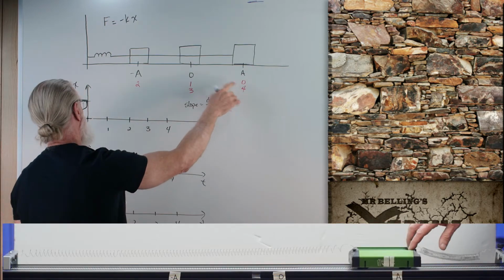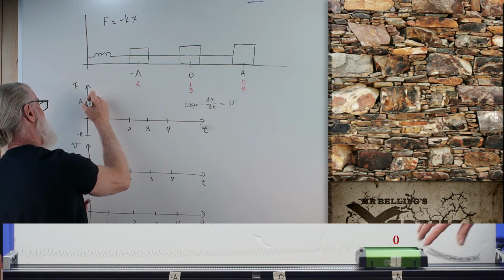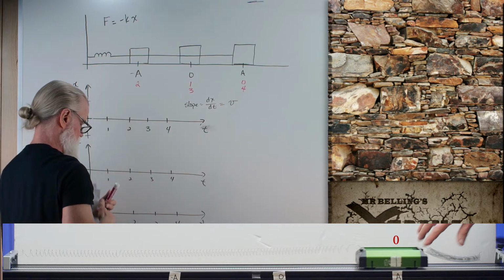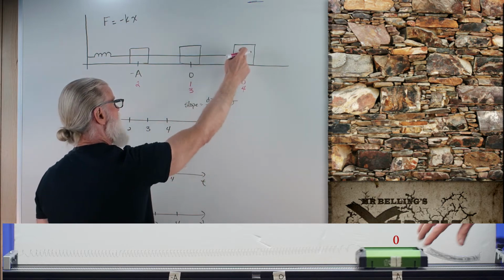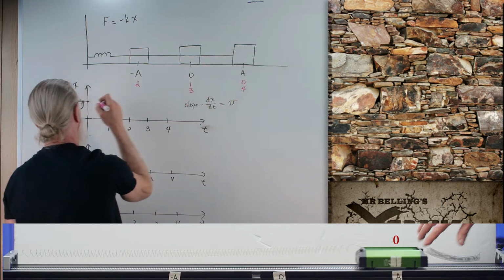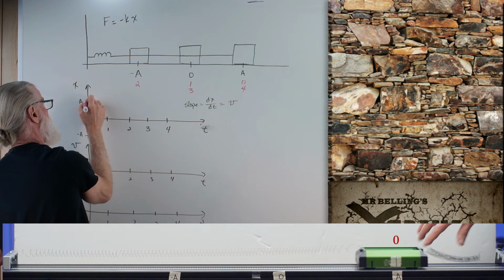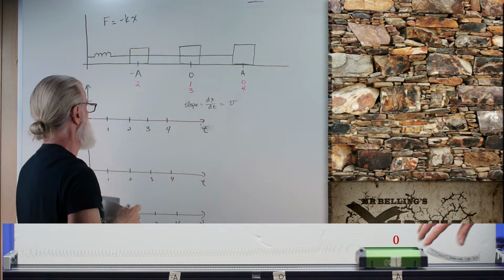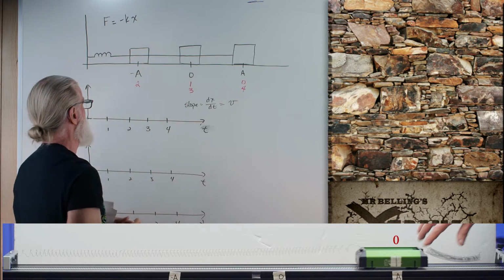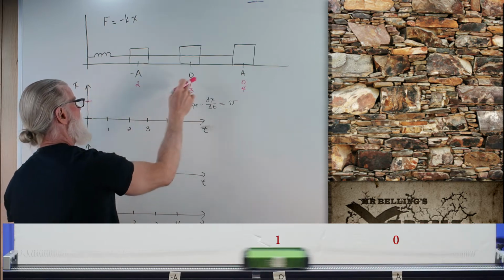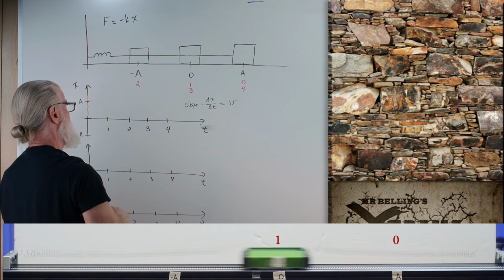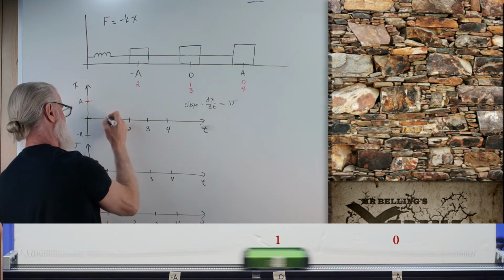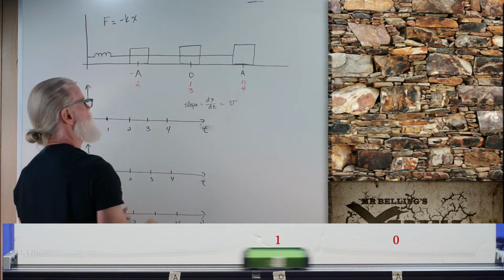At time 0, it's at position A, and I'm going to put the slope at position A. The slope is velocity, and it has zero velocity, so I'm going to put a zero slope at that position. Then at time 1, it's at position 0, but its velocity isn't 0.